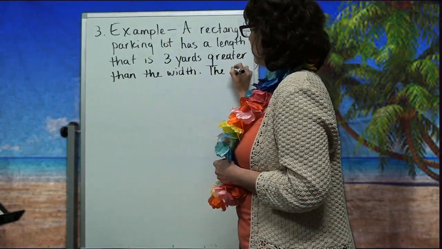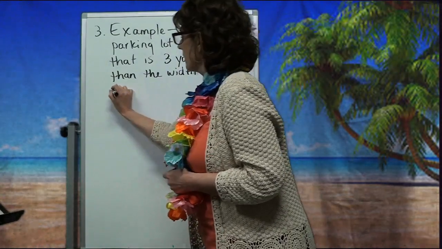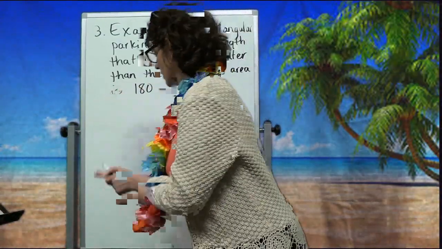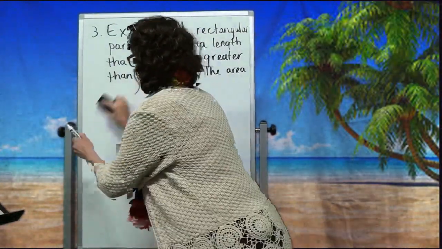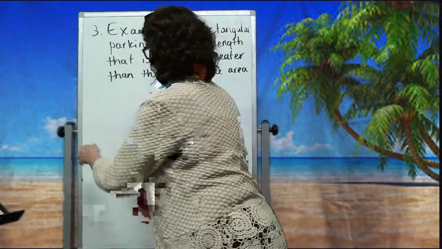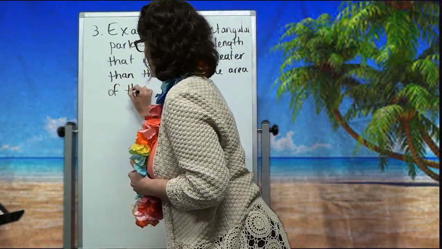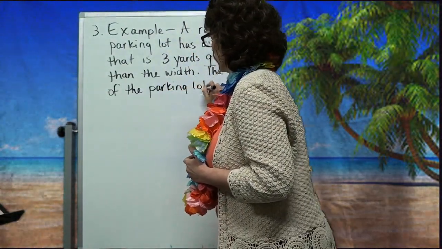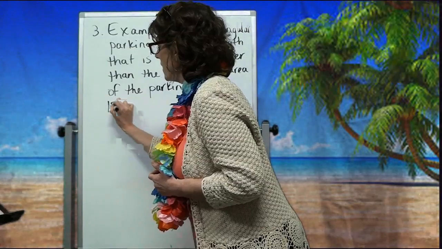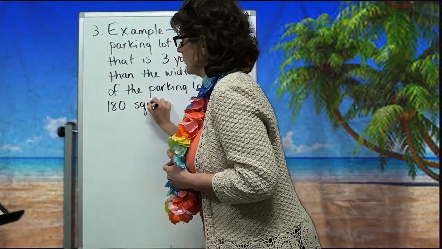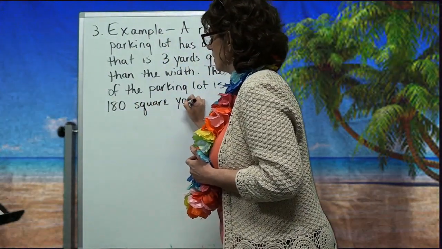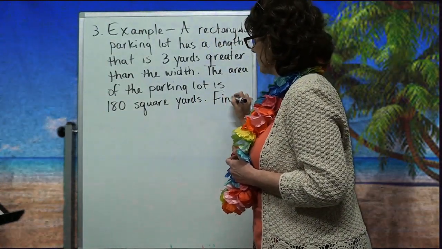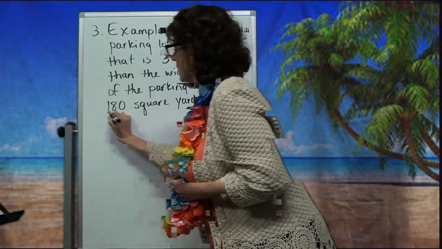And the area, well, the area of the parking lot, I should put that in there, of the parking lot is 180 square yards. Area is always square units. We want to find the length and width.